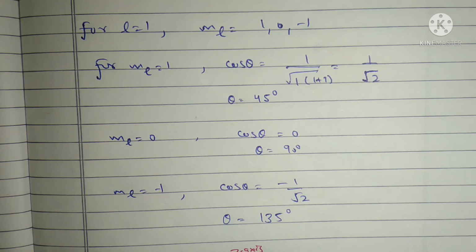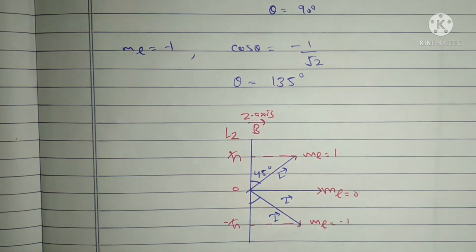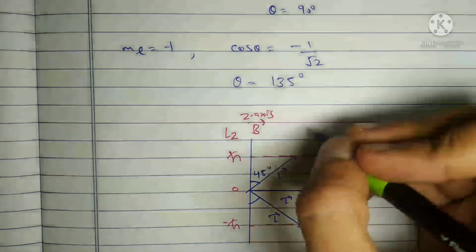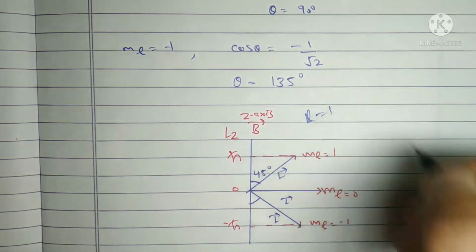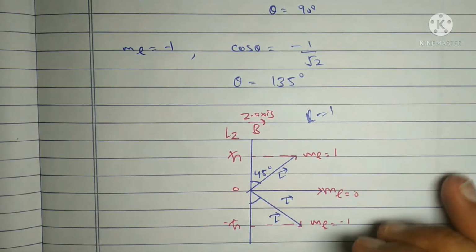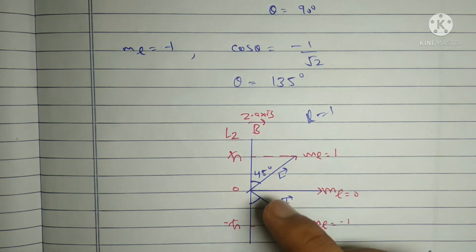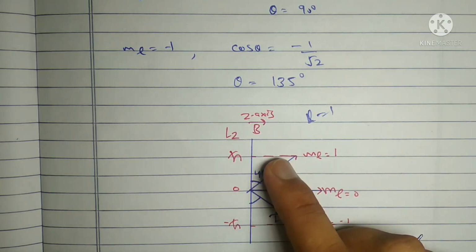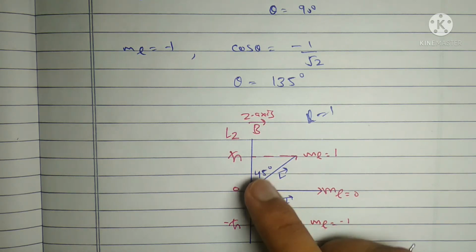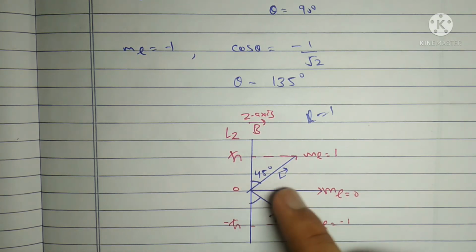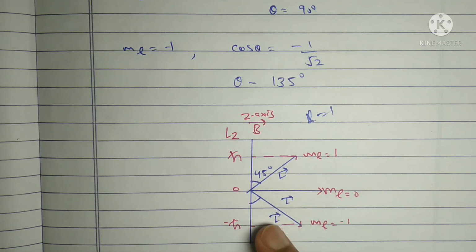In this figure, for l equal to 1, ml has values 1, 0 and minus 1, and three different lines are formed. For ml equal to 1, this line makes an angle of 45 degrees. For ml equal to 0, this line shows the angle is 90 degrees. For ml equal to minus 1, the angle is 135 degrees.